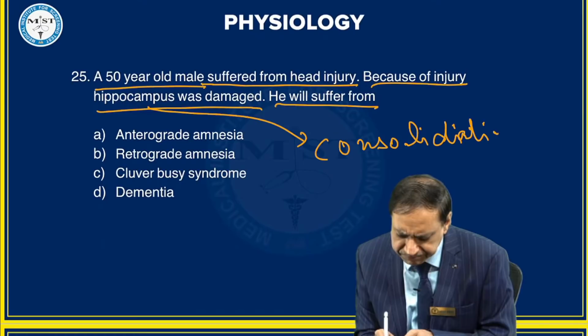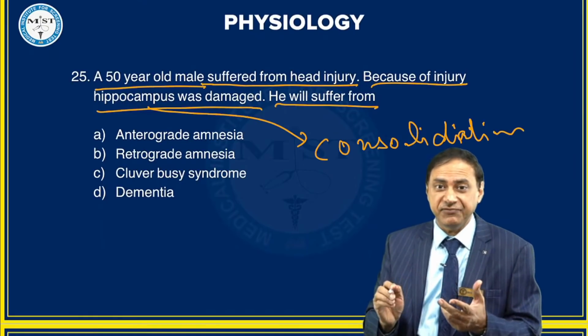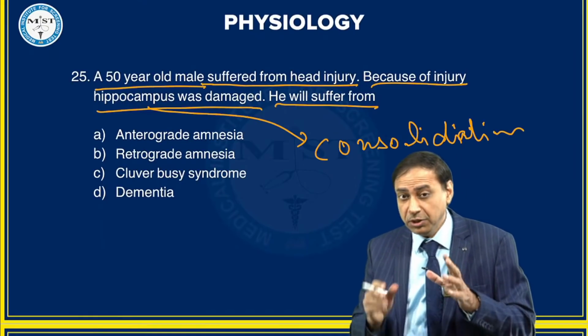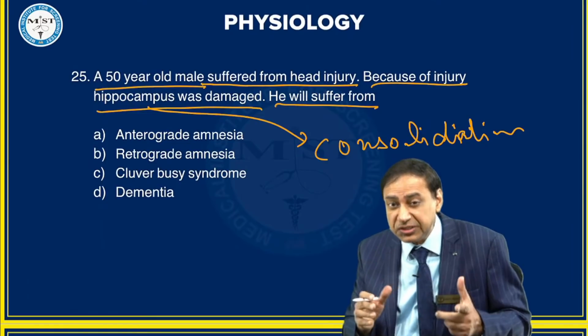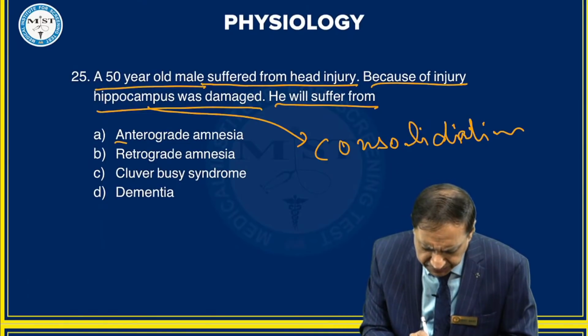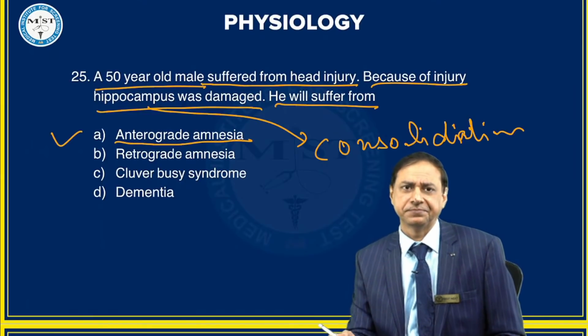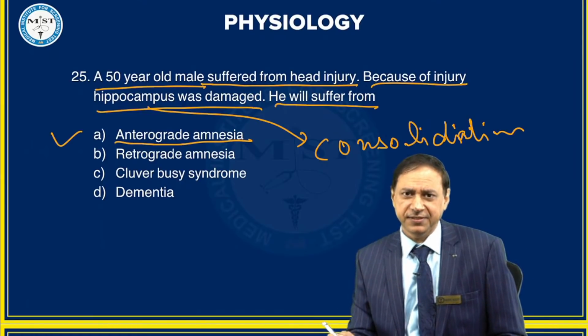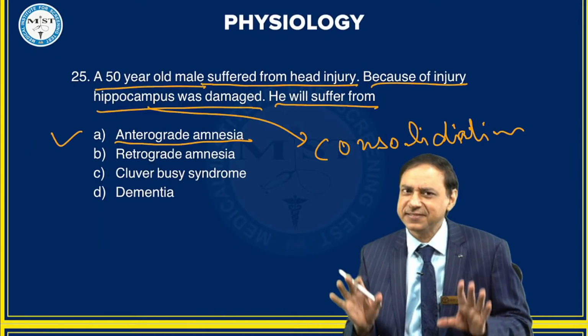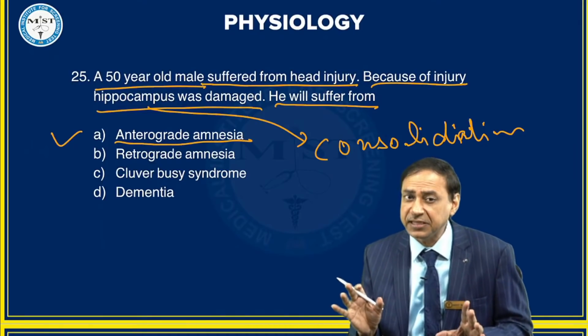Consolidation. Save. If the hippocampus is destroyed, you won't be able to consolidate, so you will develop anterograde amnesia. It has been discussed in the class in detail. It will lead to anterograde amnesia.